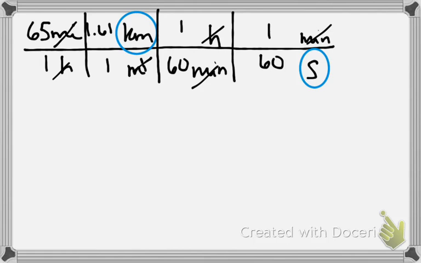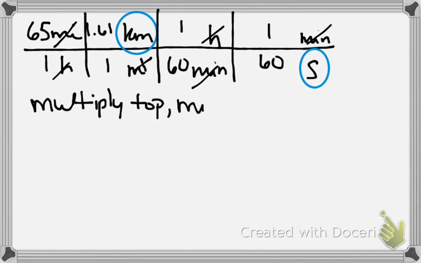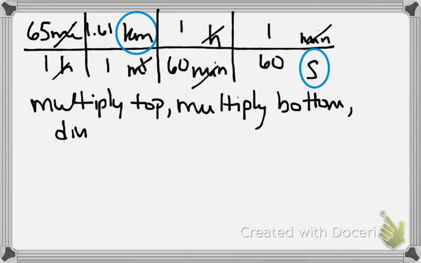Then you divide. So when you're solving this table, like I said, the rule is multiply across the top, then multiply the bottom, then divide last. Okay, so you actually only have 3 steps when you're doing it in your calculator.